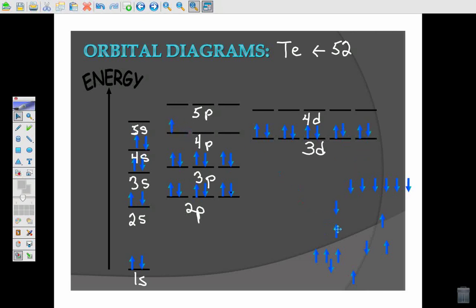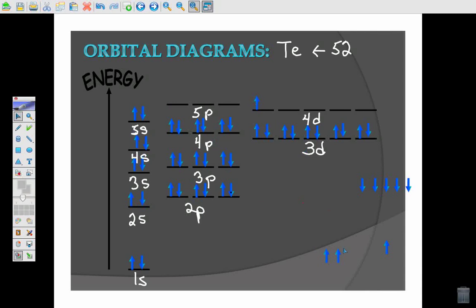Aufbau, next highest, we're at the 4p. Hund, spins unpaired within a sublevel before we pair them. I may actually run out of electrons here. There we go. Aufbau says go to the next highest energy level.